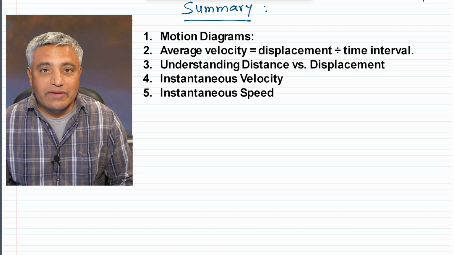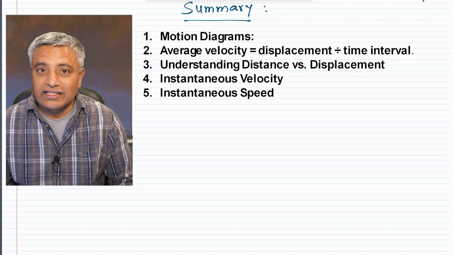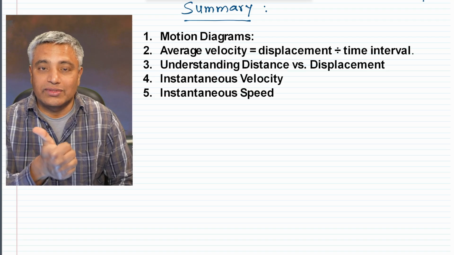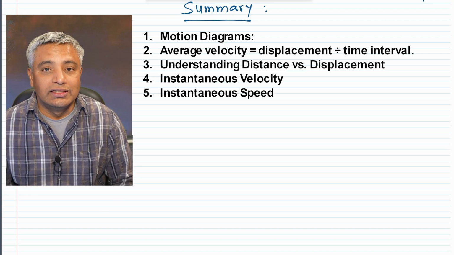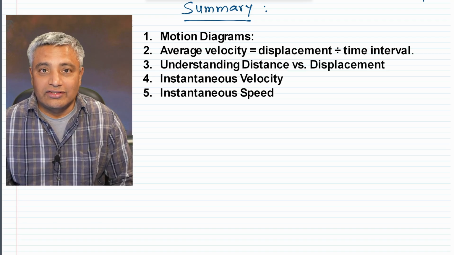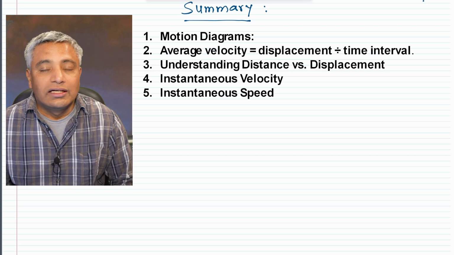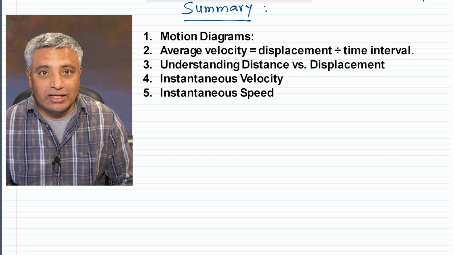And remember, distance and displacement are not always the same. They are the same when the object just keeps moving in the same direction. But if it turns around, then they are not the same.